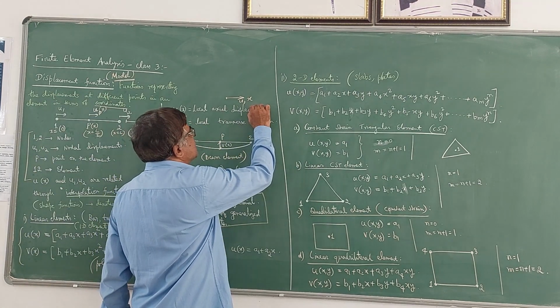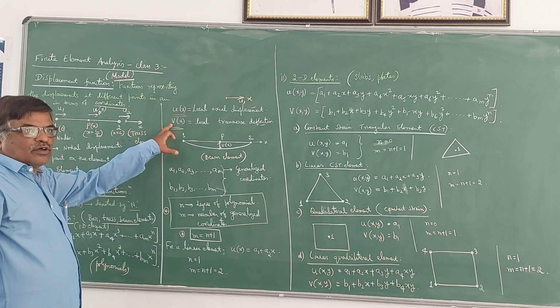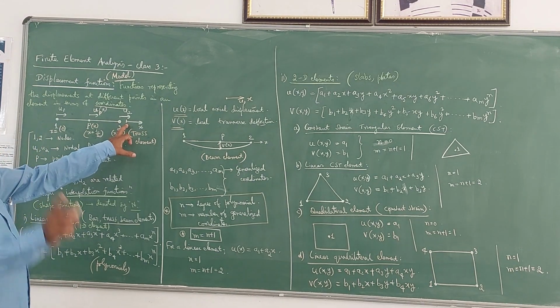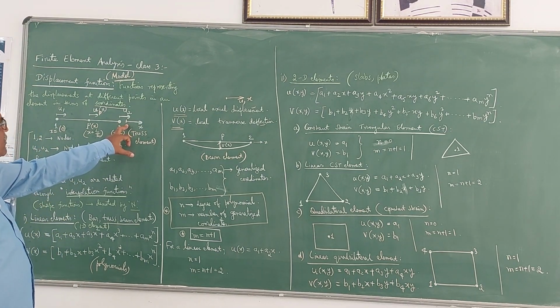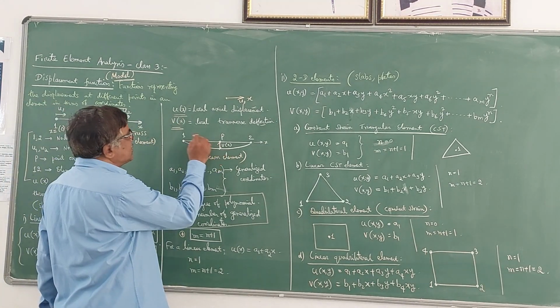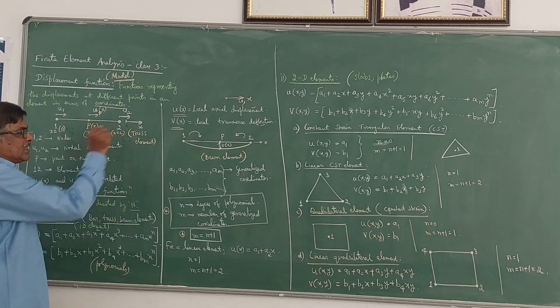So here we call it displacement, here we call it deflection. This is also a function of x, because I have taken only a one-dimensional element. In the case of a one-dimensional element, you have only x term. So this can happen in the case of a beam element, whereas this can happen in the case of a truss element.